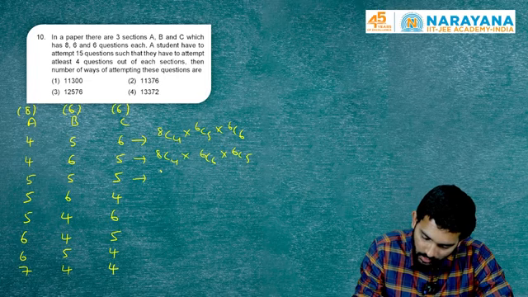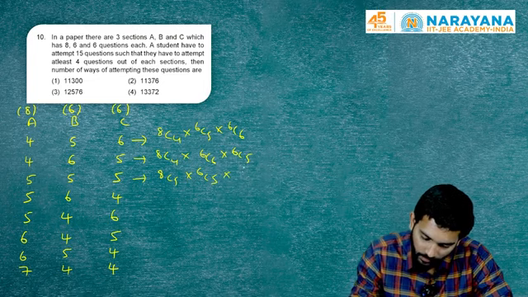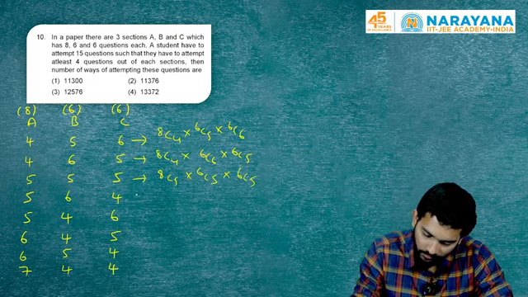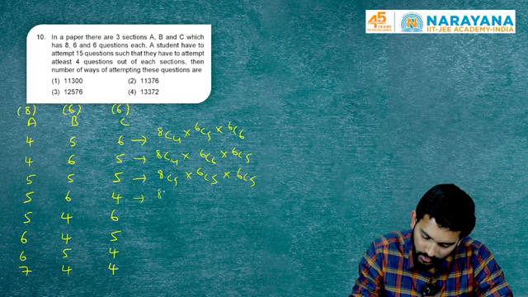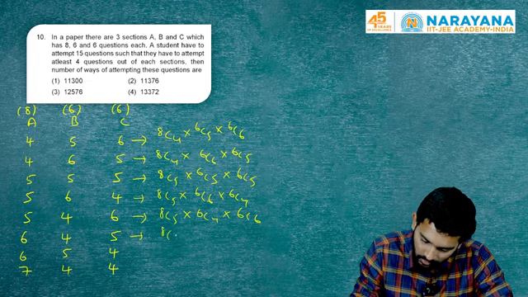Then 8C5 into 6C5 into 6C5. Then 8C5 into 6C6 into 6C4. Then 8C5 into 6C4 into 6C6. Then 8C6 into 6C4 into 6C5.